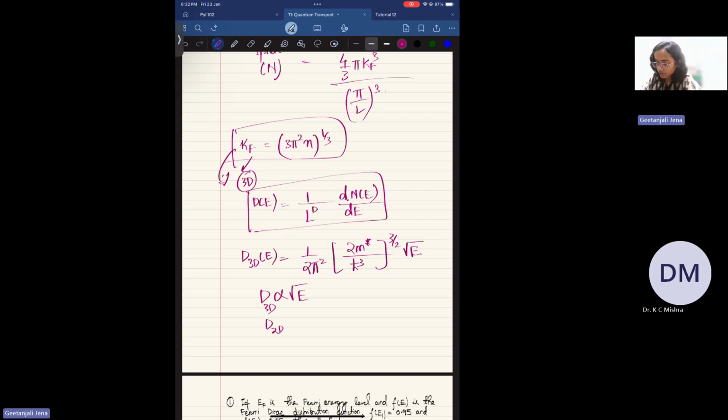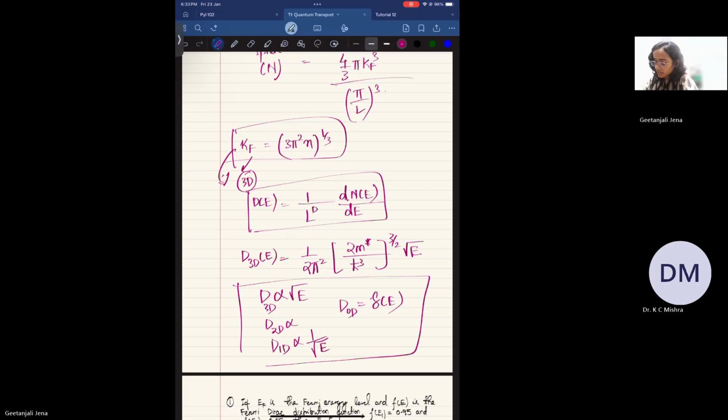And for 2D, if you recall, it remains constant. It is independent of energy. And for the 1D case, it is inversely proportional to the square root of E. And for the 0D case, this is a delta function. Please always remember this fundamental relation.